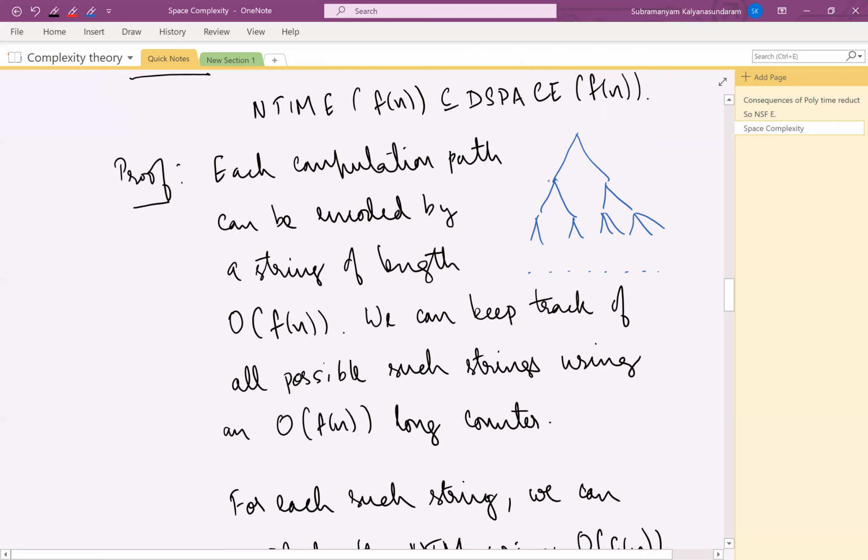And over here, do I move to the first branch, second branch, third branch, and so on? So if I keep track of the branchings that I did at each step, I get a string that tells me the identity of the leaf, and this is a unique string for each leaf. That string encodes the path that you took from the root to reach that leaf. And what is the length of that string? It is order f(n), the same as the height.